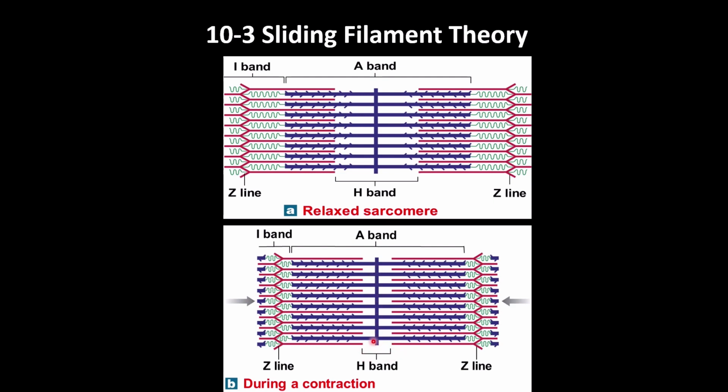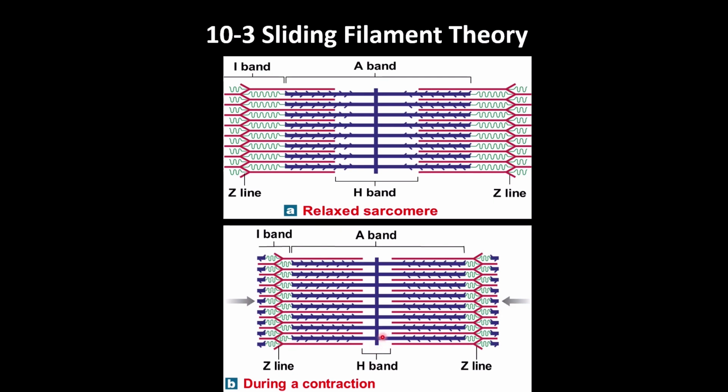In that case, the H band width decreases. Also the I band decreases here. But the A band size remains the same, and the zone of overlap width increases.